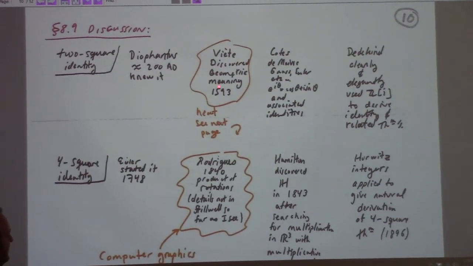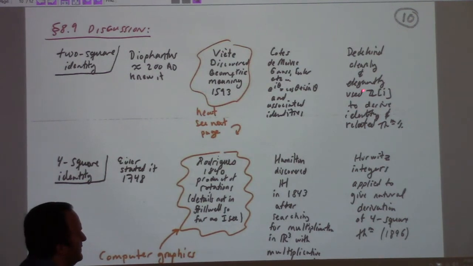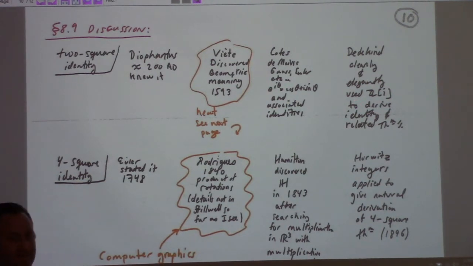But he discovered a geometric argument for it in 1593, which is pretty neat. That's on my next page, my notes. De Moivre, Gauss, Euler found it in terms of complex numbers. And then at the very end of the 19th century, Dedekind elegantly and cleanly derived it using the Gaussian integers. That's what I showed you last time.